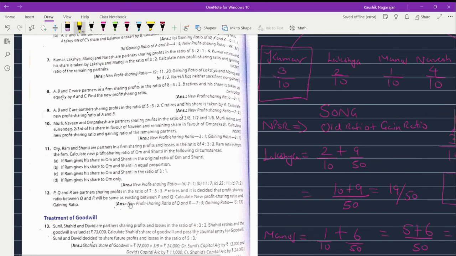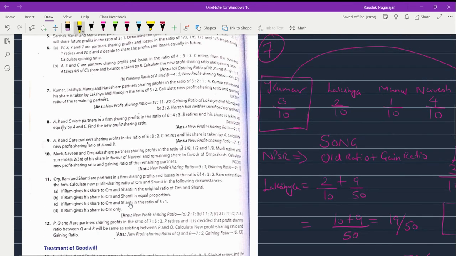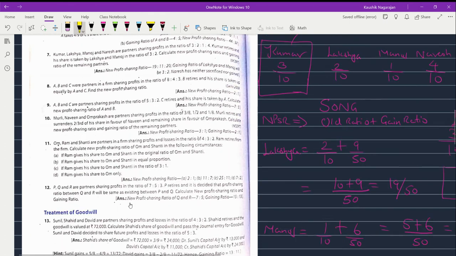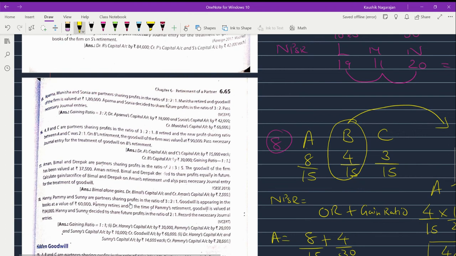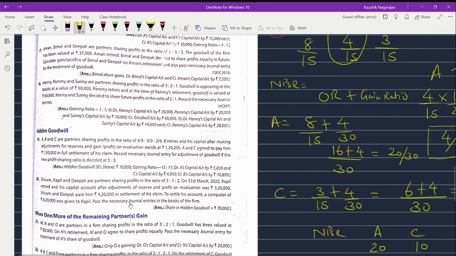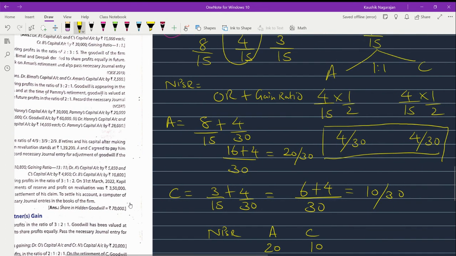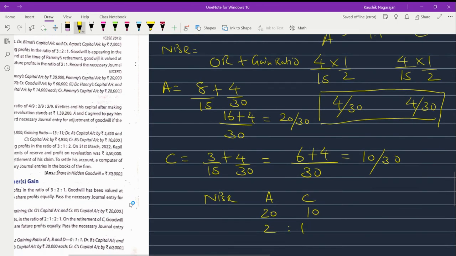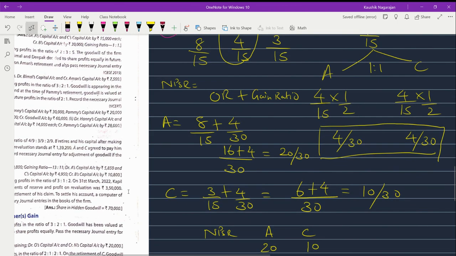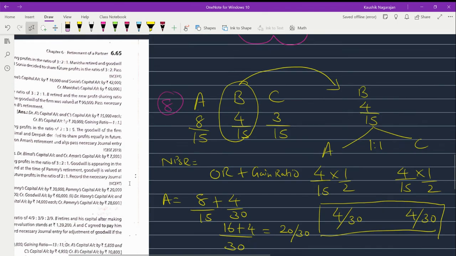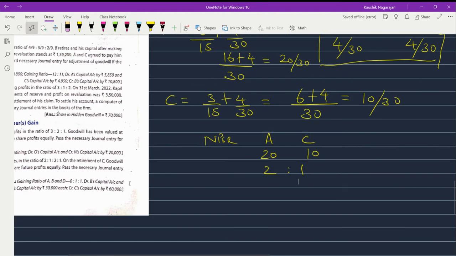Problem number 8. Let us take it up. What is the NPSR? Here, if you go, it was mentioned the new profit sharing ratio is 2 is to 1. And remember, students, this is a special case. In special case problems, never your NPSR and your gaining ratio will be same. Gaining ratio will be different and NPSR will be different. Don't get confused. I write it here. Okay.